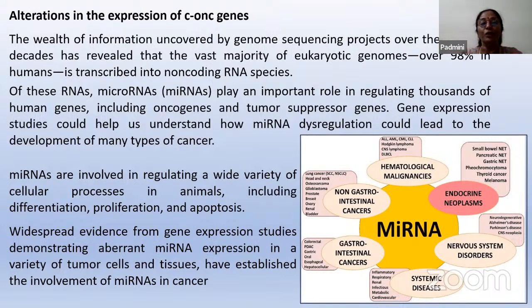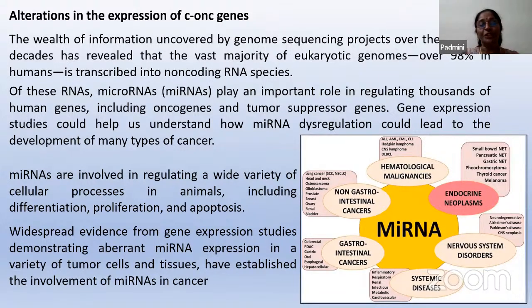There are a number of non-coding RNA species, for example microRNAs, and different types of tRNAs and mRNAs. But of these, microRNAs play an important role in regulating human genes, including oncogenes and tumor suppressor genes.